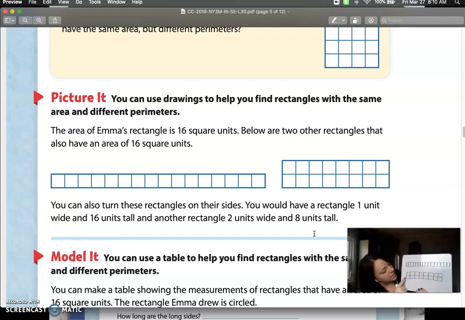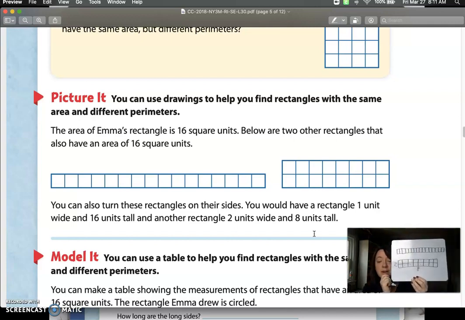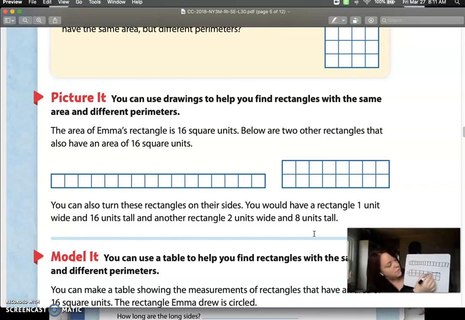Great. This one is 2, and it has 8, right? So it's 2 wide, 8 long. We know our area is 16, but for the perimeter we need to know just the outside of the shape.